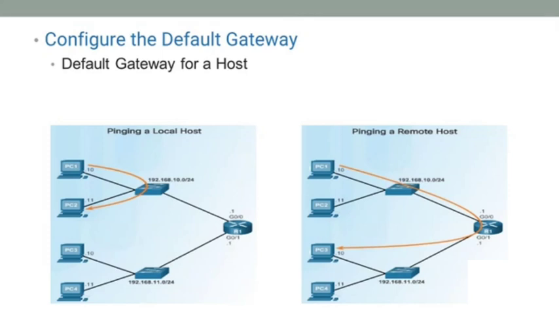In the ping to a remote host, PC1 can deliver a message to PC3. As you can see, they are connected. They can be connected because of the switches that they are using.